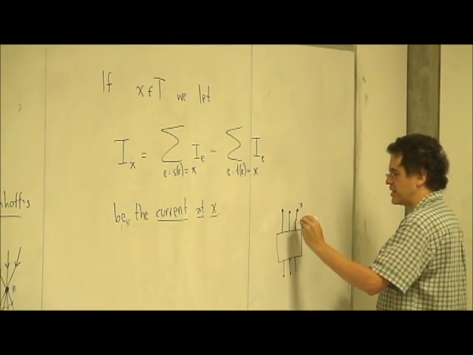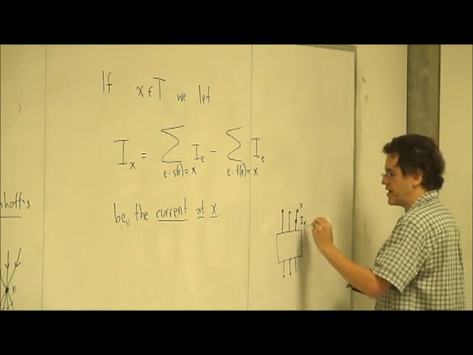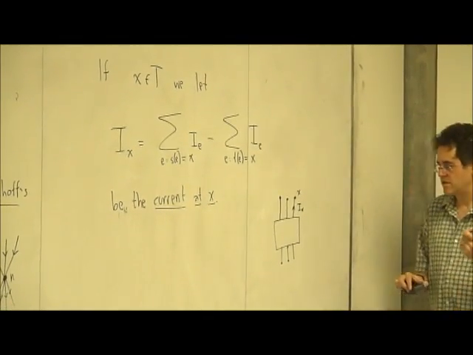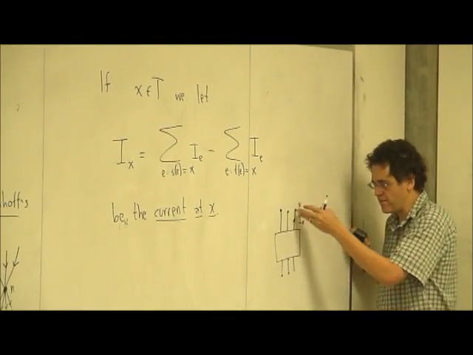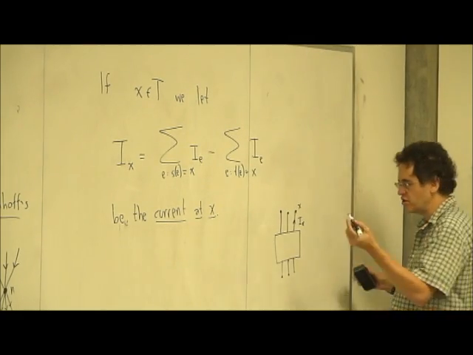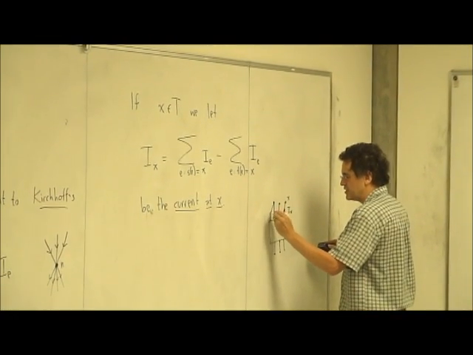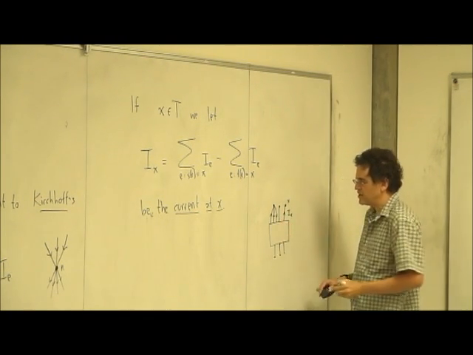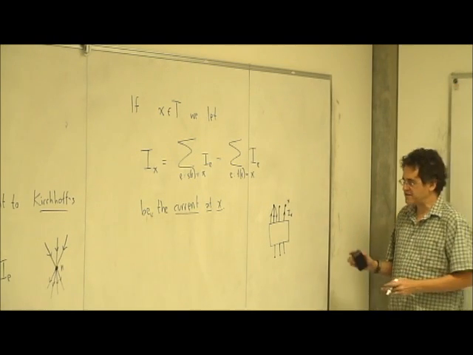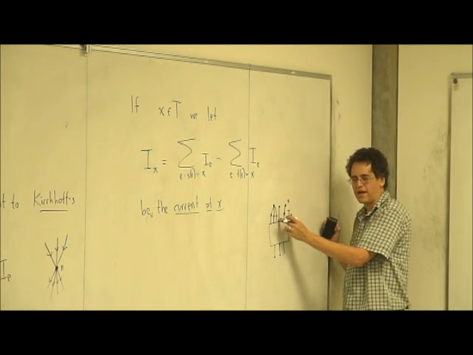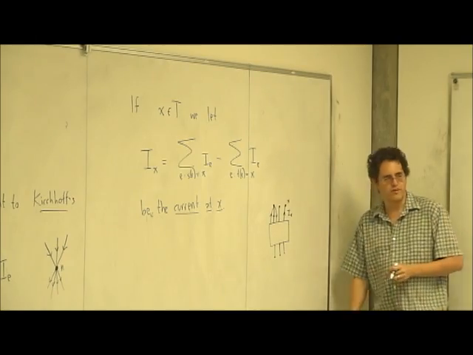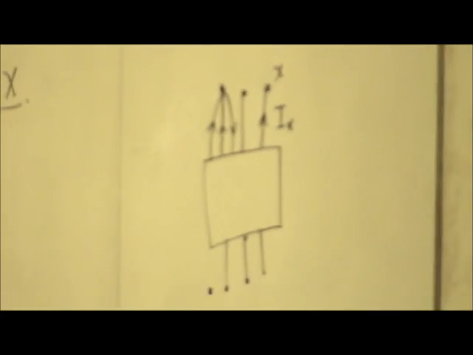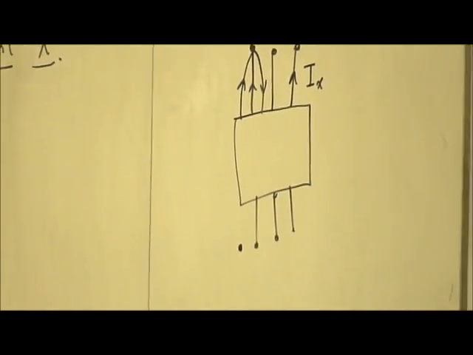This would be like I sub x, the amount of current flowing to that terminal from wires in your circuit. It could be more complicated, right? So you allow all sorts of things. Anything not forbidden is allowed, right? So we allow weird things like that, and then you have to sum up these two currents and subtract that to get the current of this terminal. Or you can have terminals that have no edges connected to them. It wouldn't be terribly useful, but it's certainly allowed.